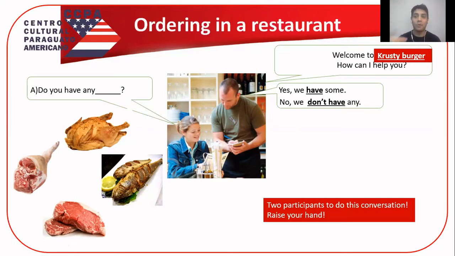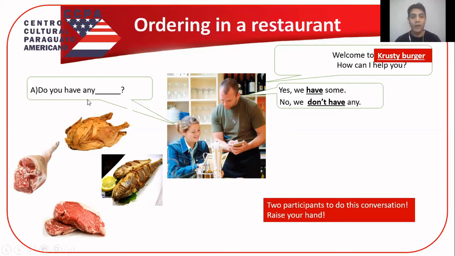Lettuce, apples, potatoes, anything related to food. Desserts like cake, water, soda, or anything related to food, right? So you can do this conversation with your friends, or you can do it alone and practice.